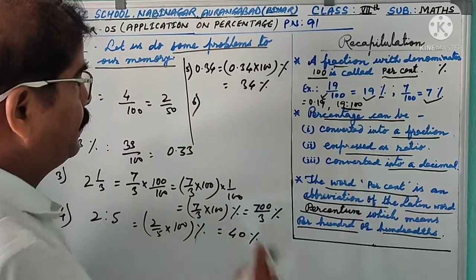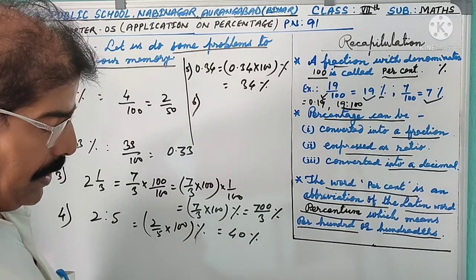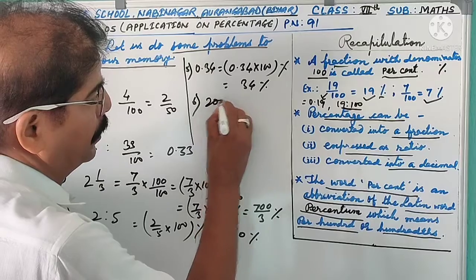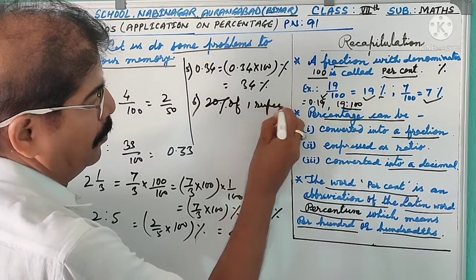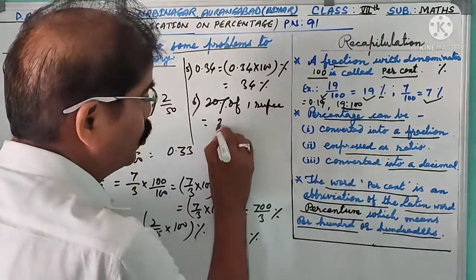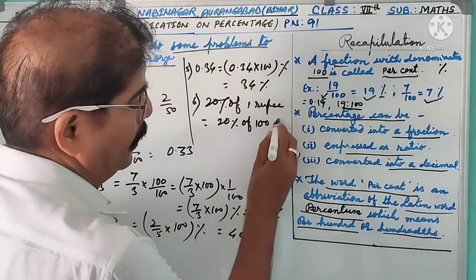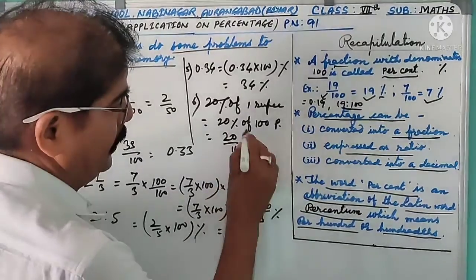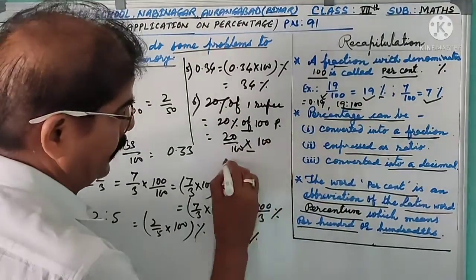And next, find the value of 20% of 1 rupee. Dear students, 1 rupee equal to 100 paise. So 20% of 100 paise. That means 20 by 100 into 100. That means 100 cancels.